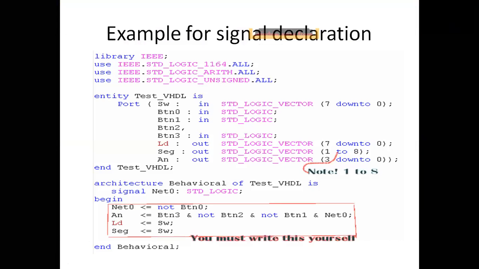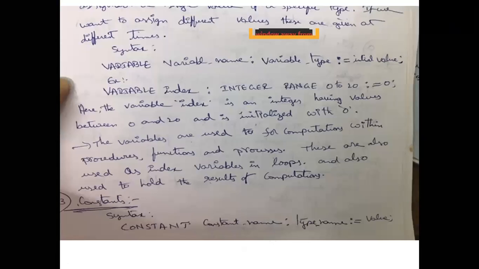So what is the syntax to represent a variable? So this is the syntax. To declare a variable, we start with the keyword variable. Similarly, like signal, after variable we mention the variable name. Note down the syntax for every type. The variable name is user defined.